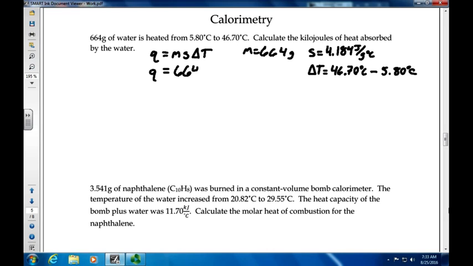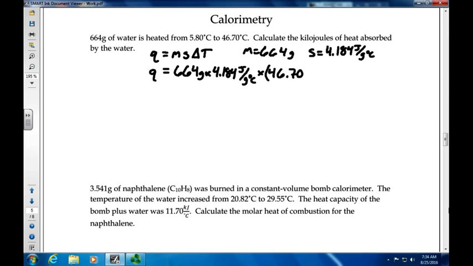Coming back to our equation, we can simply plug these in. So 664 grams times 4.184 joules per gram degrees C times our delta T, 46.70 degrees C minus 5.80 degrees C. That's going to give us a value in joules, and we're going to want kilojoules, which is what the problem asks for.